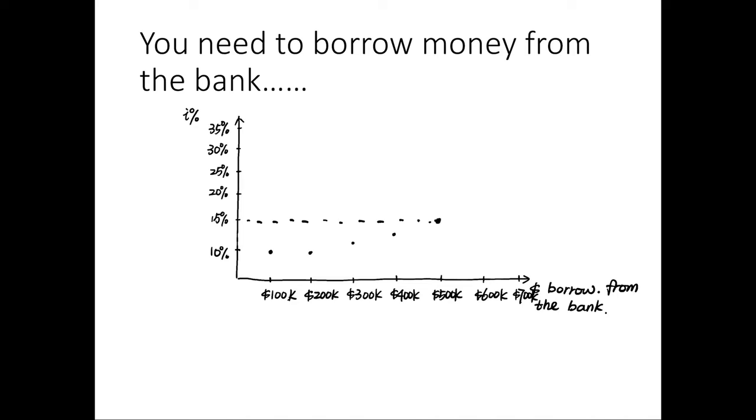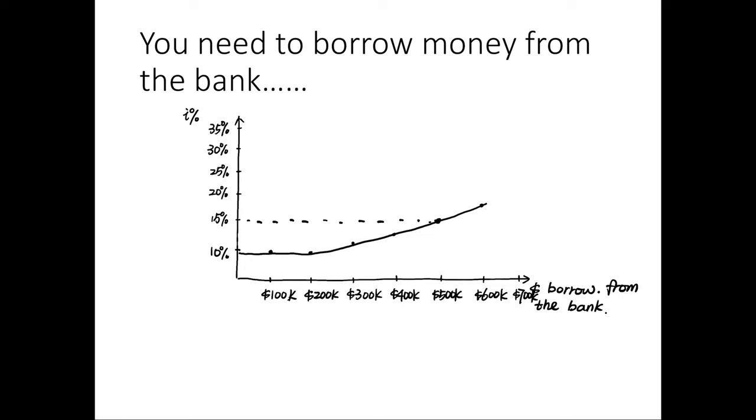Okay, and if you borrow over 500K but lower than 600K, your interest rate will be higher than 15%. Maybe it's 17 or 18% over there. Okay, so you can draw a line crossing all of these points so that you can have a curve of how much you borrow and how much percent you need to pay to the bank.